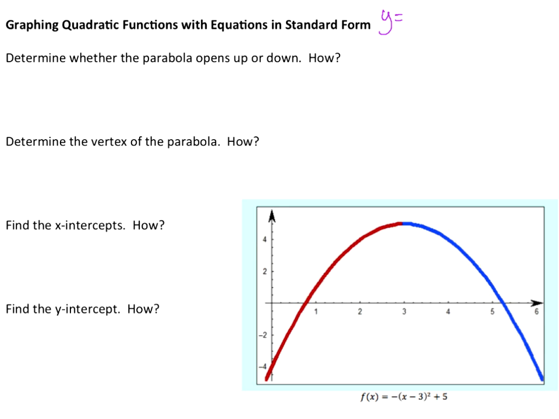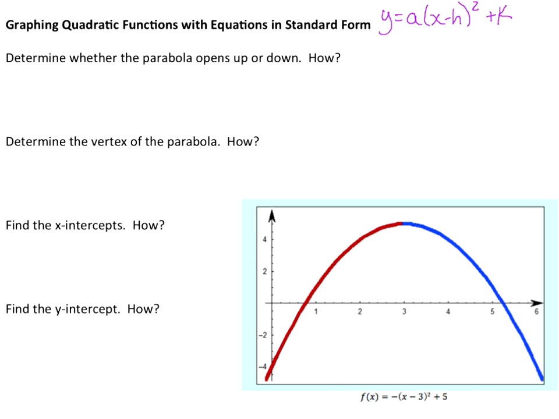So just for reference sake, we have y equals a times (x minus h) squared plus k. And let's talk about how we can use that form to graph the parabola. First thing you want to do is determine, does the parabola open upward or downward?